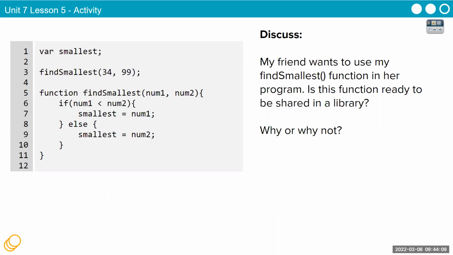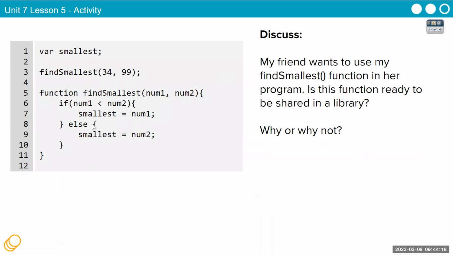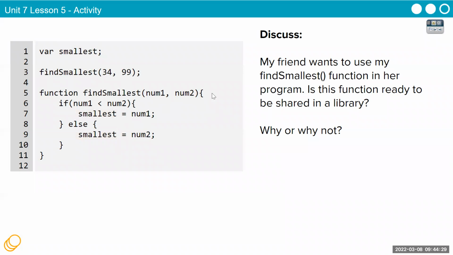So I think this might be the check for understanding here. They're asking, is find smallest a useful function that could go into a library and be universally useful? The answer is no, because within this function, it needs access to the variable smallest, which is a variable that's part of this program code.